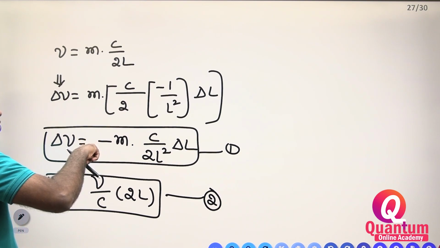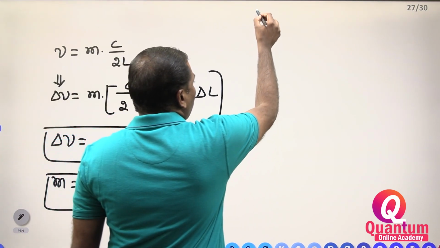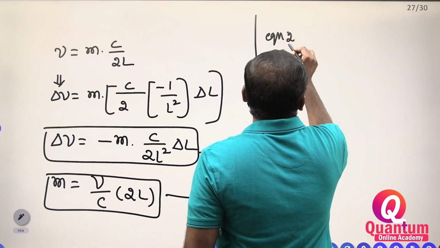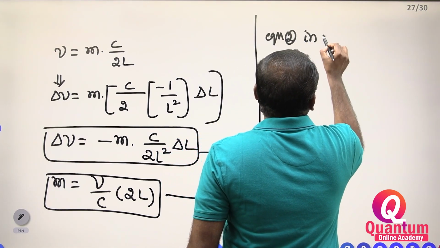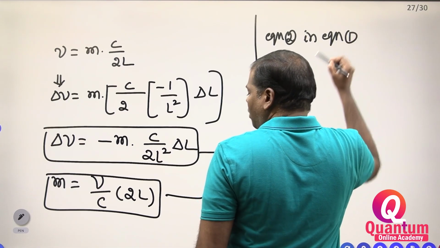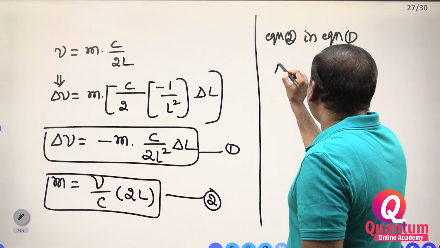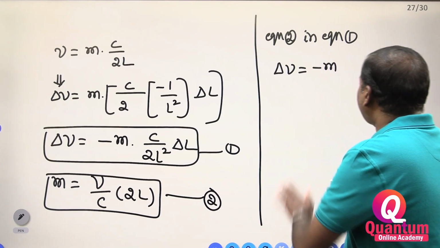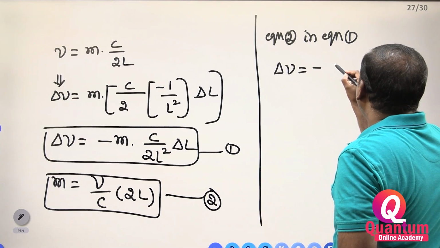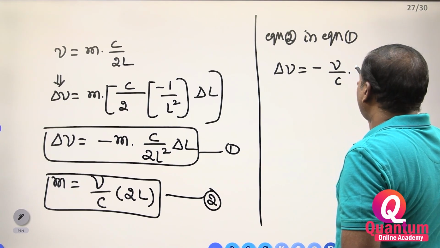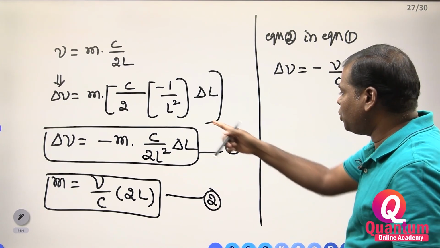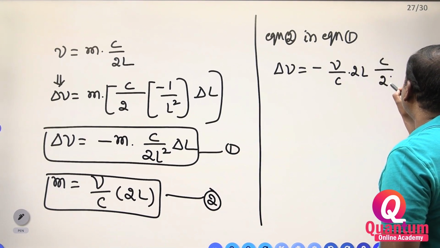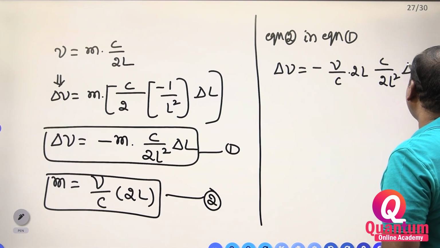Substitute equation number 2 in equation number 1. Delta mu is equal to minus m, substituting mu by C into 2L, into C by 2L square into delta L.